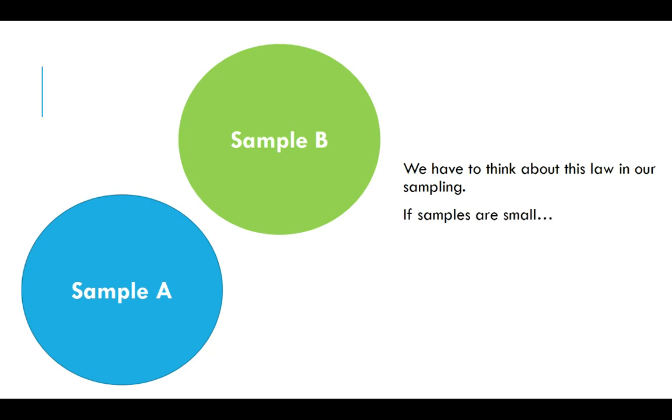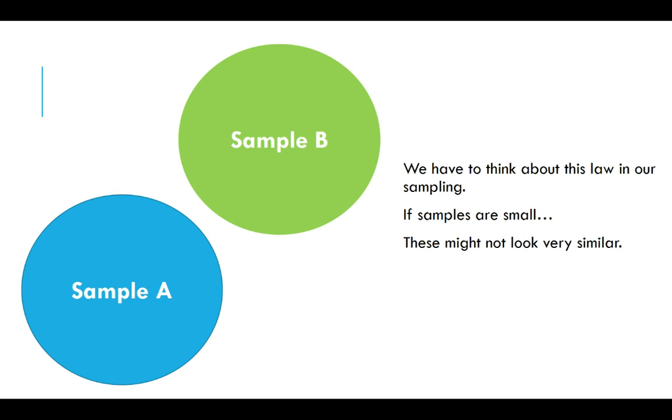We know that if our samples are small, then they might not look very similar. So imagine taking very small samples of students or very small samples of employees. There's no guarantee that sample A is going to look anything like sample B. I might by chance end up with all women in sample A and all men in sample B, or upper level management in sample A and lower level management in sample B, right?